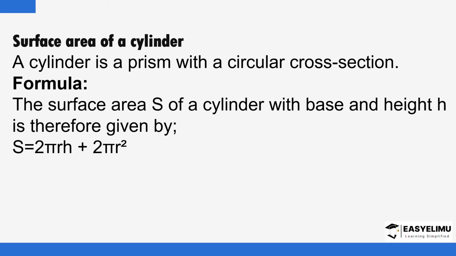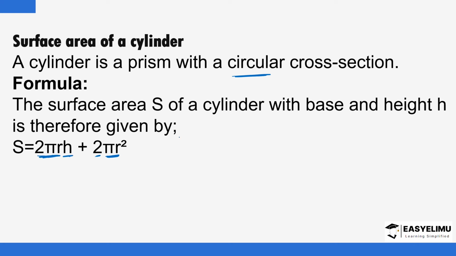You can see we took the area of the cross section. Now in this case the cross section is circular, so area of the cross section times 2, plus perimeter of the cross section. This is 2 pi r, the perimeter, the circumference of a circle, and then times the length.